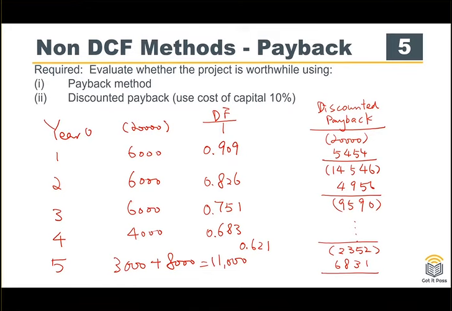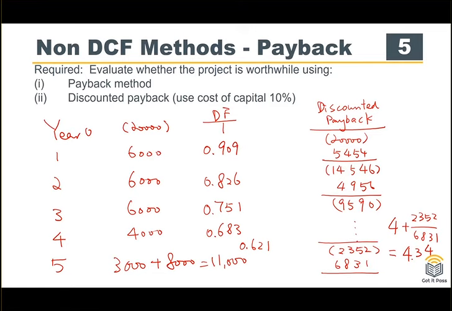So it means you have to spend more than 4 years but less than 5 years for the project to pay back. Then you use a calculator to work out how long it is: 4.34 years for the discounted cash flow payback.